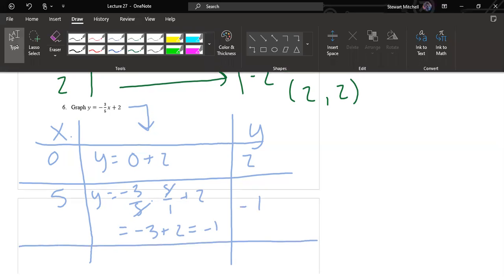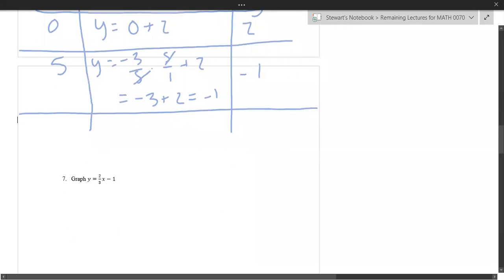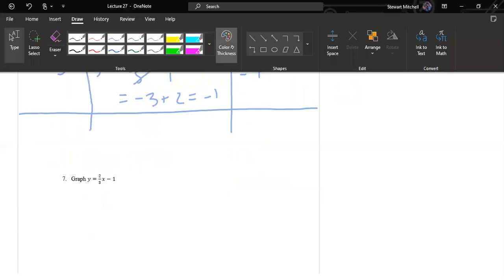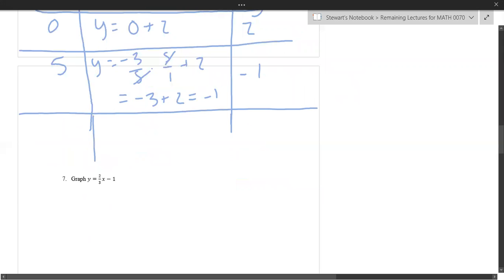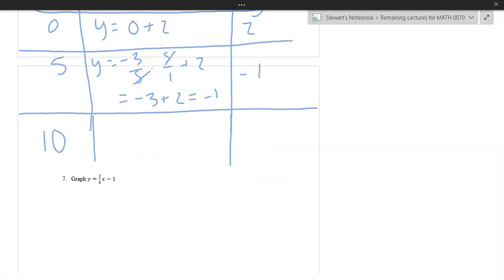And finally, I'm going to pick 10 because it's another multiple of 5, and it'll clear the denominator. So we have y is equal to negative 3/5 times 10 over 1 plus 2. If we cross cancel, that becomes 2, that becomes 1.